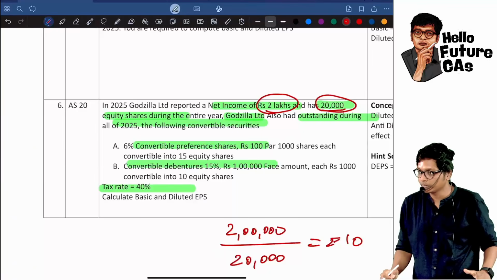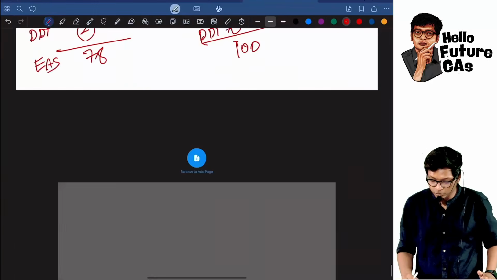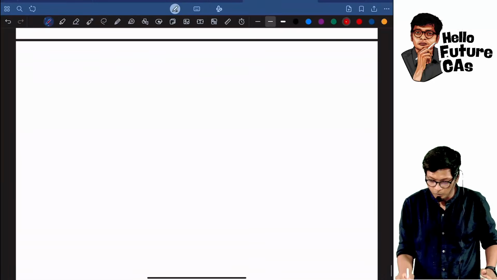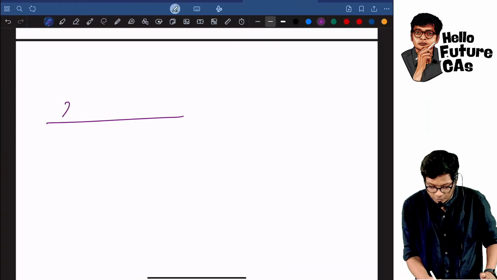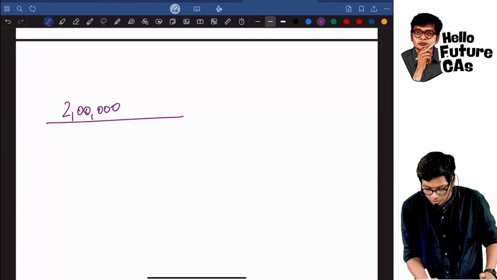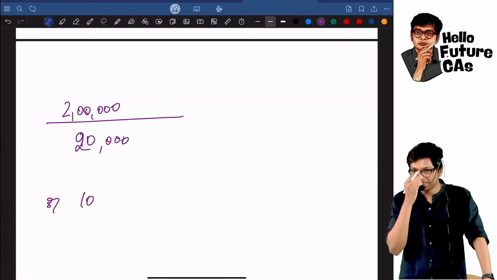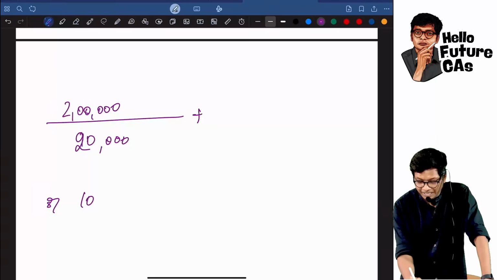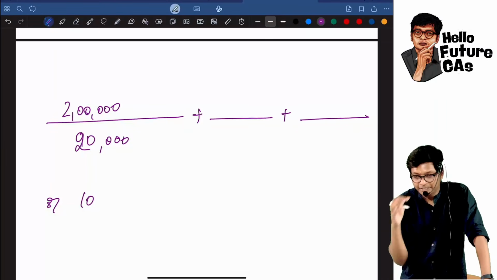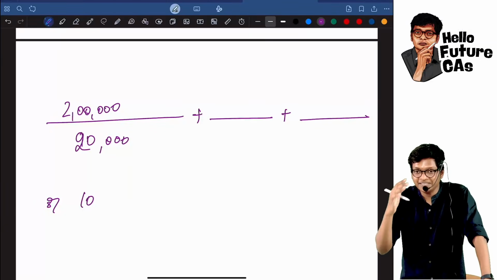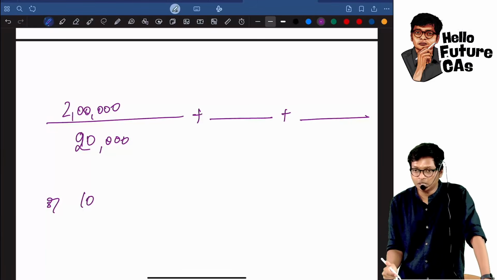Are you following? Now I have to find diluted EPS. So what I will do, my base numerator is how much, guys? 2 lakhs divided by 20,000. So EPS is going to be 10. Is this clear? Now I have to add two sets of things, something for preference, something for debentures.